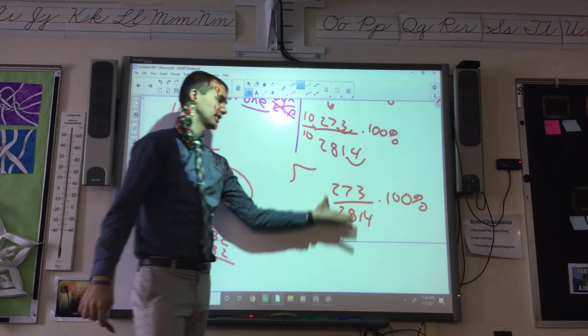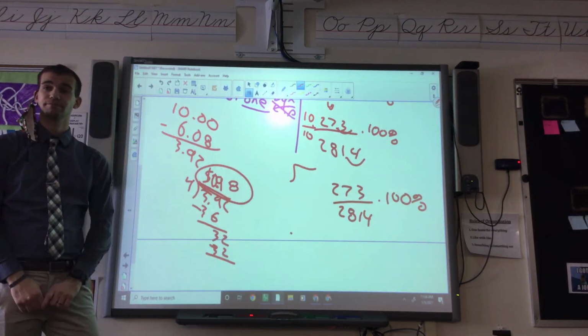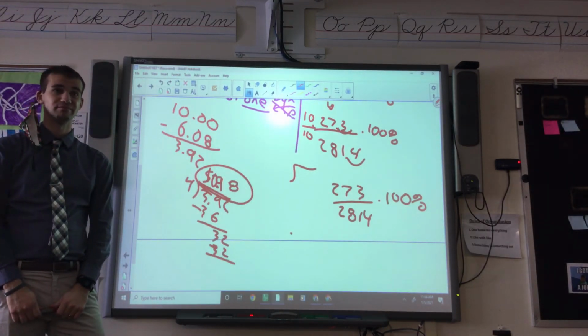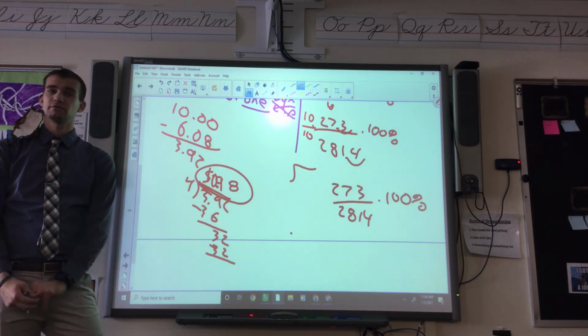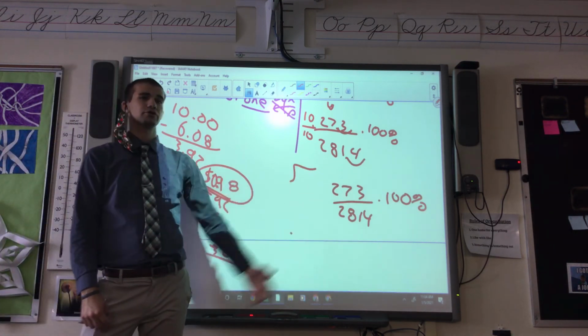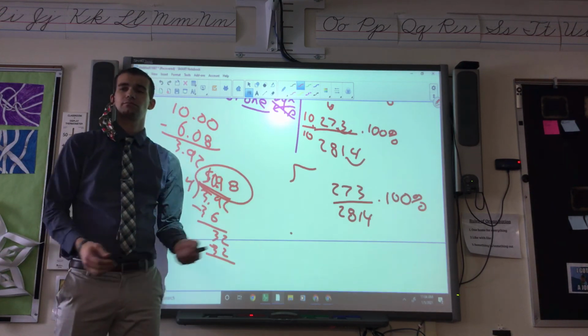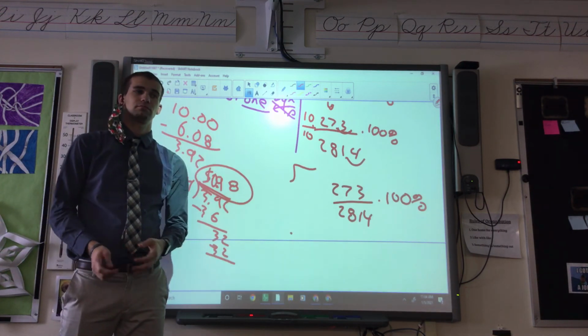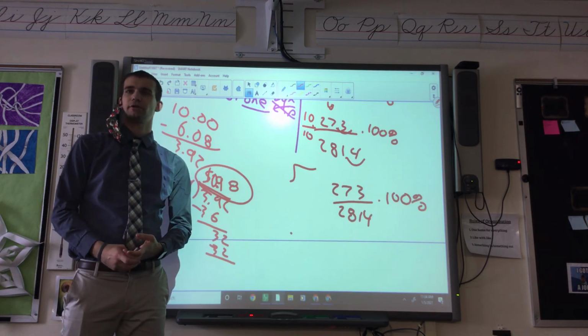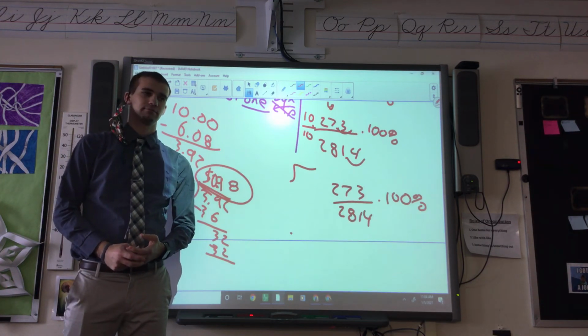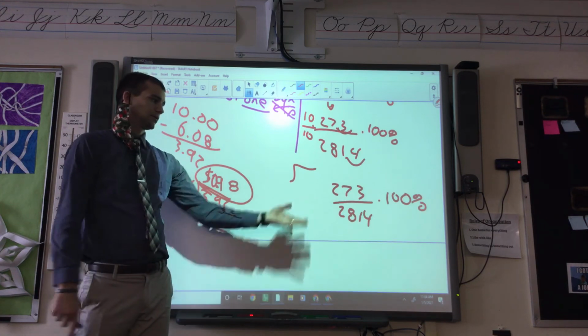Times 100%. Anything we can do here to simplify? No, sir. So we can do one of two things. What are the two different options we have here? You just divide both of them.